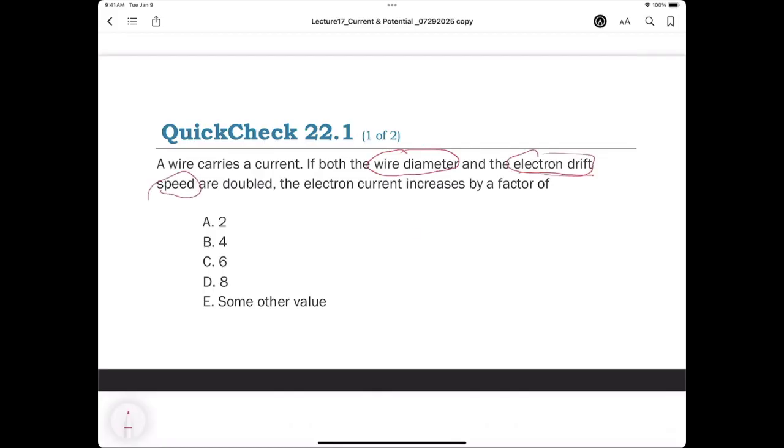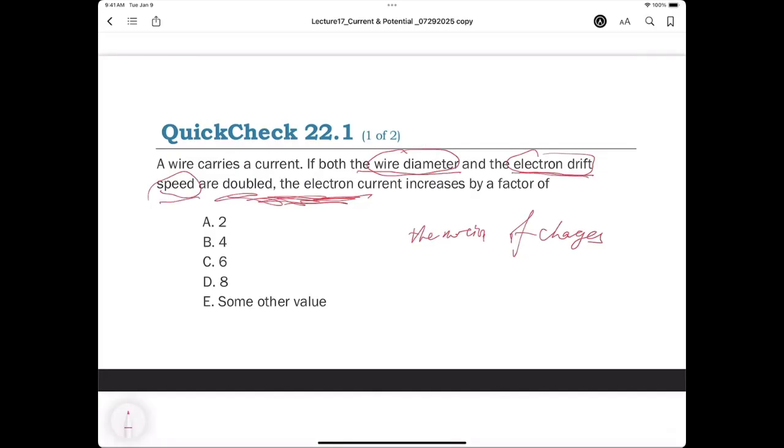We know the current is the motion of charges. We will talk about the equation in the next class, but you just have the initial idea of the relationship between the current and the wire diameter and the electron drift speed.